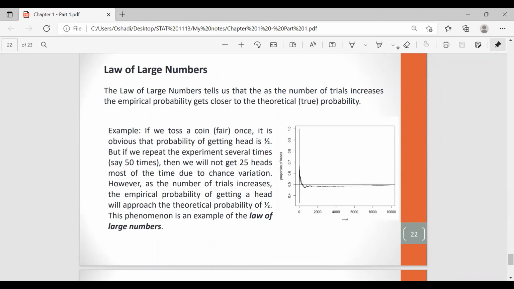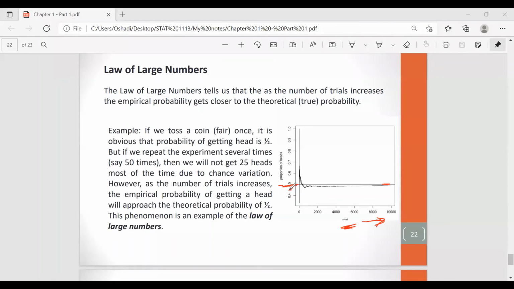I think you can see it from this graph. When the number of trials increases, the proportion of getting head gets close to 0.5.